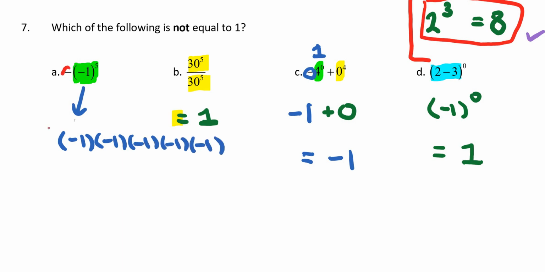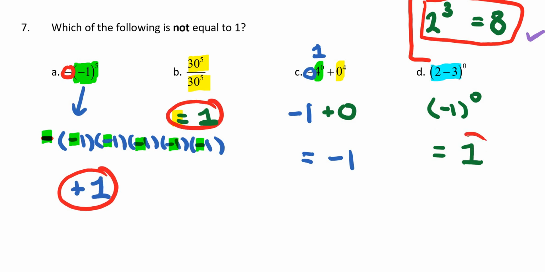And then you have this negative sign on the outside there. If we count up all the negative signs, there's 1, 2, 3, 4, 5, 6. So 6 is an even number, so the answer will be positive, and 1 times itself 5 times will be 1. So there you go. This equals 1, that equals 1, this equals 1, and this answer here does not equal 1, so the answer is going to be C.